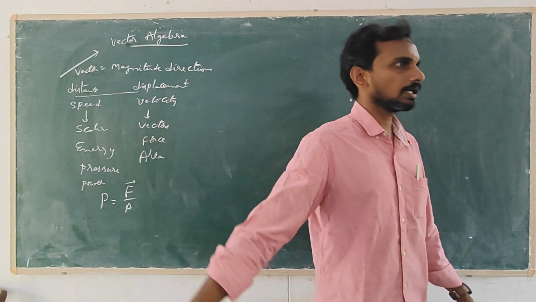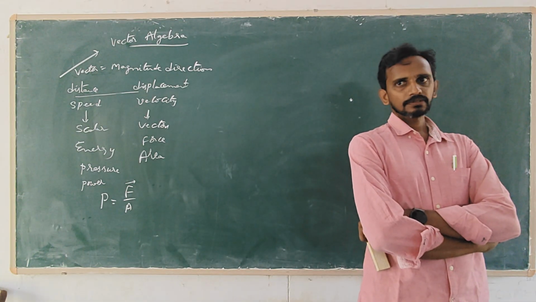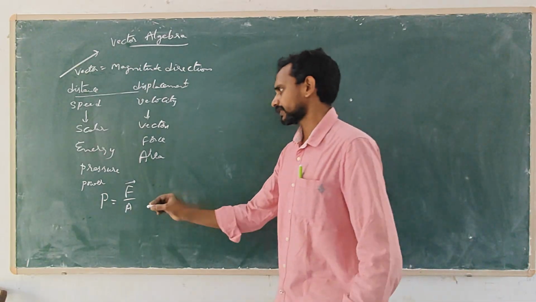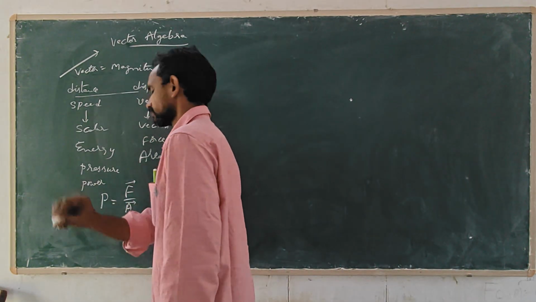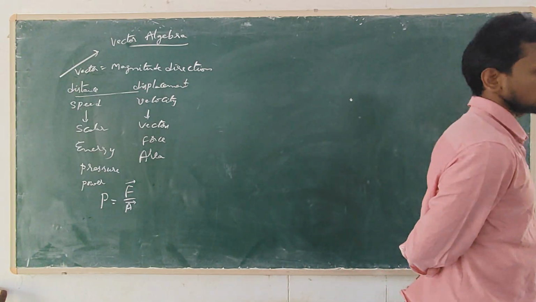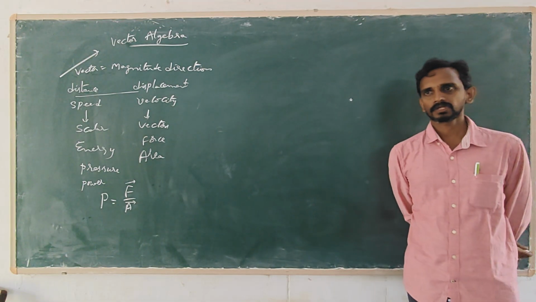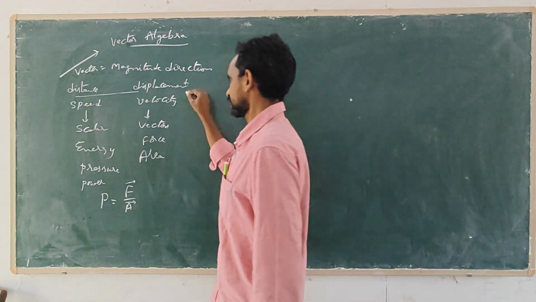Only then the left hand side is a scalar. Right? So here area is also a vector. Area also behaves as a vector, so you have to find its direction. Okay? So that is one aspect.